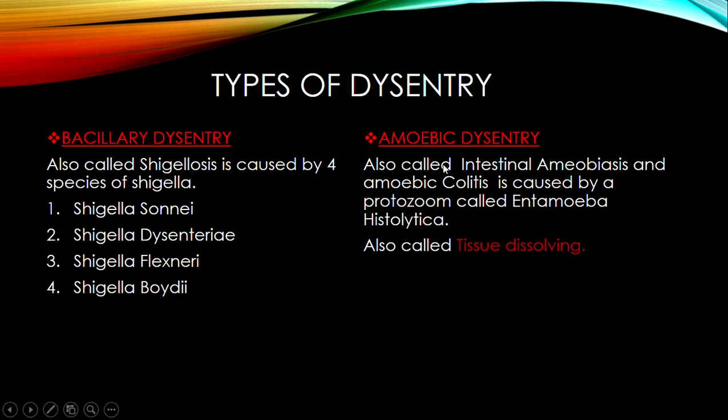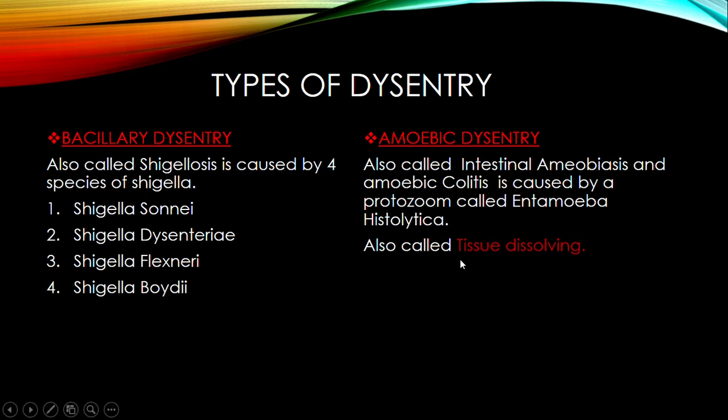When it comes to amoebic dysentery, it is also called intestinal amoebiasis and also called amoebic colitis. It is caused by a protozoan called Entamoeba histolytica. This one is also called tissue dissolving.